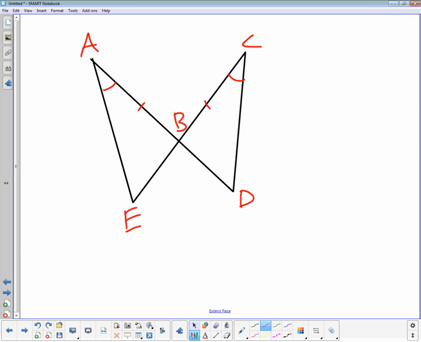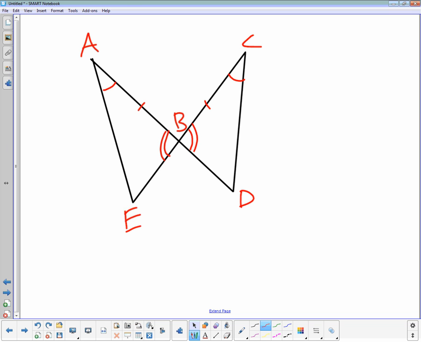And because I have verticals, I can add a tick mark. You see? I didn't have it at first, but because I know something about a triangle, and I know about angles, and I know how certain things work, I have some knowledge. That knowledge can go a long way to adding tick marks that normally wouldn't be there.